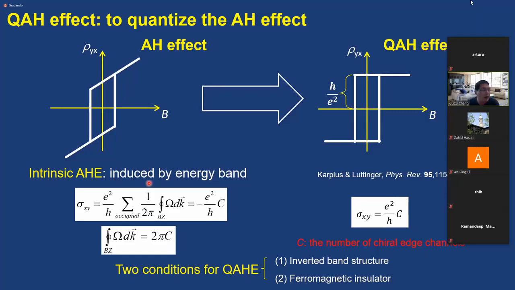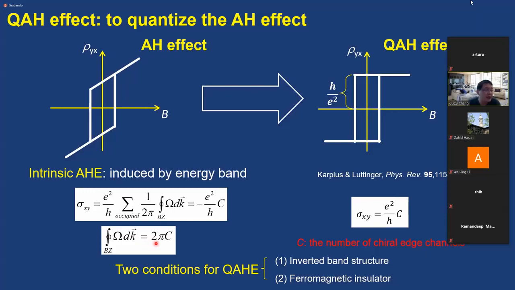And when Berry language was developed in the 1980s, the Hall conductance could be calculated by an equation: e squared over h times the integral of the Berry curvature in the first Brillouin zone. And the integral of the Berry curvature actually equals 2 pi times an integer.